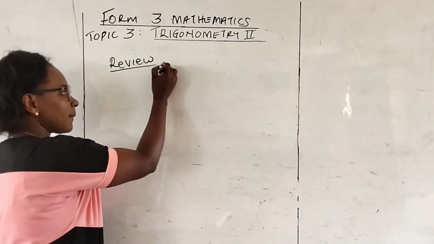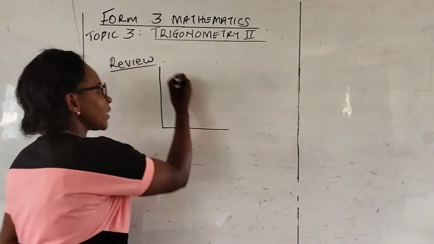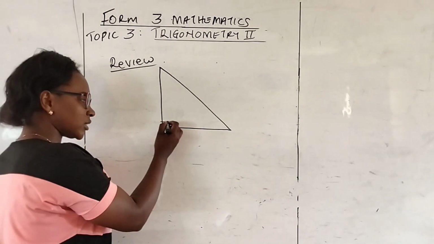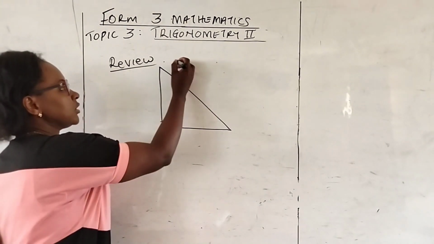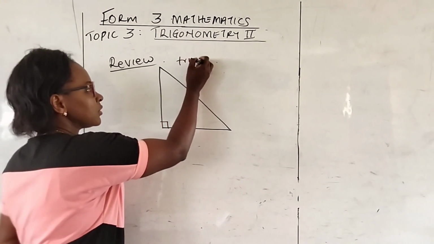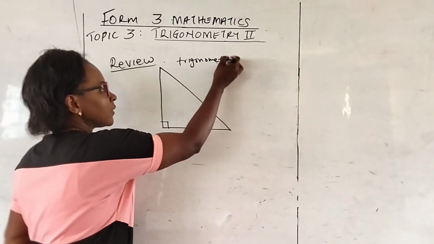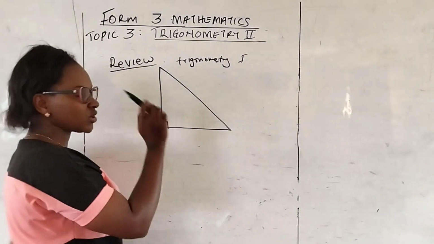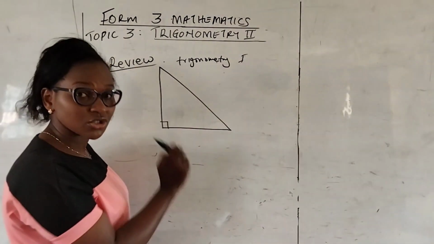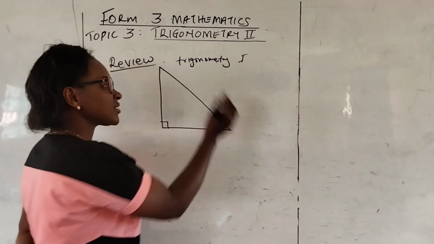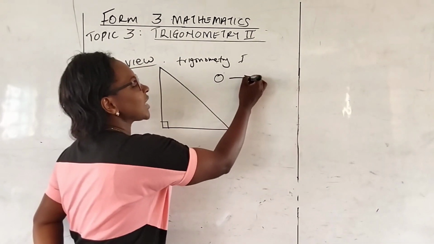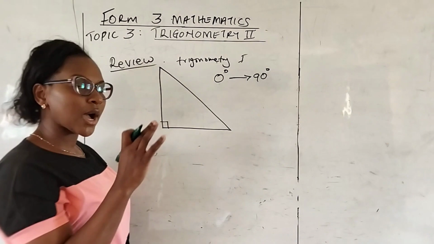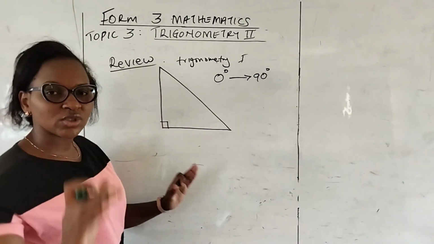Yes, but we are talking about a right angled triangle in trigonometry. In trigonometry 1, we do talk about a right angled triangle with angles ranging from 0 degrees to 90 degrees.